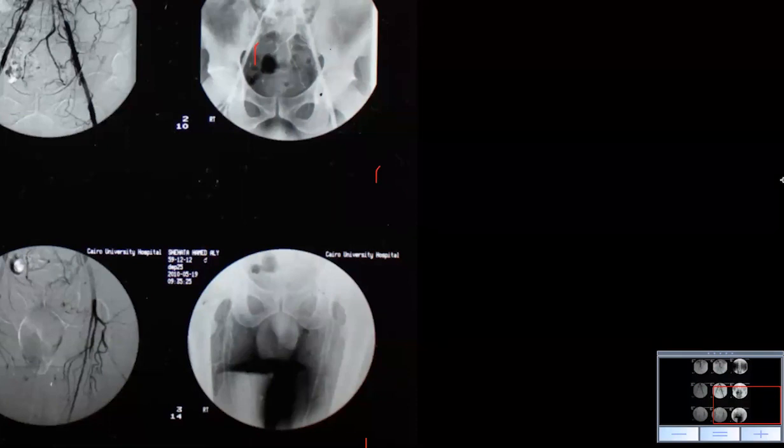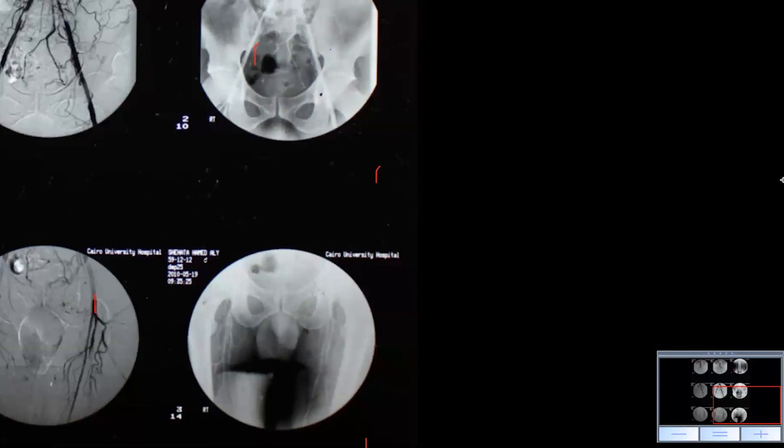Can you see that these are not CTs? Can you see that these are images that were simply subtracted? Can you see the pelvic bones and so on? Okay, and then they were subtracted. What are the arteries that you can see on the zoomed images? This was the upper part of the common femoral.